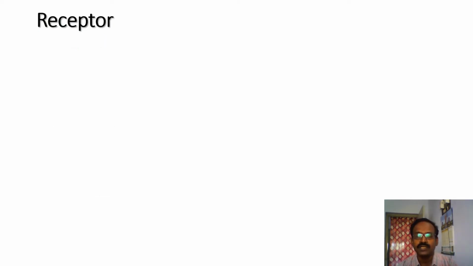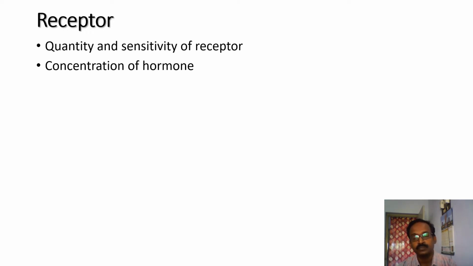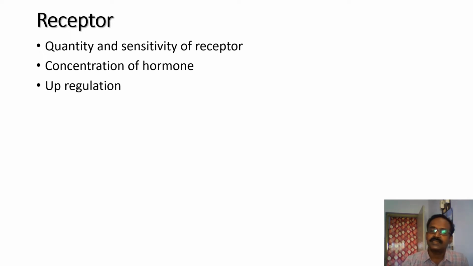The quantity and sensitivity of the receptor mainly depend on the concentration of the hormone in the plasma. So when the concentration is low for a long time, it increases the number of receptors.